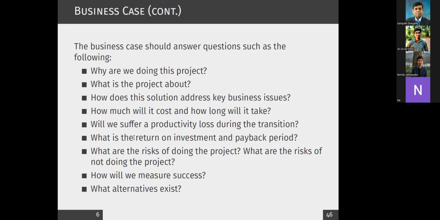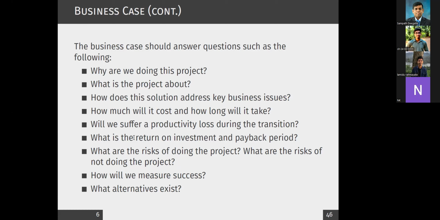Then, will we suffer productivity loss during transition? Let's say you are developing a new student support information system. Once you implement this and go from the existing system to the new system, will there be a productivity loss?